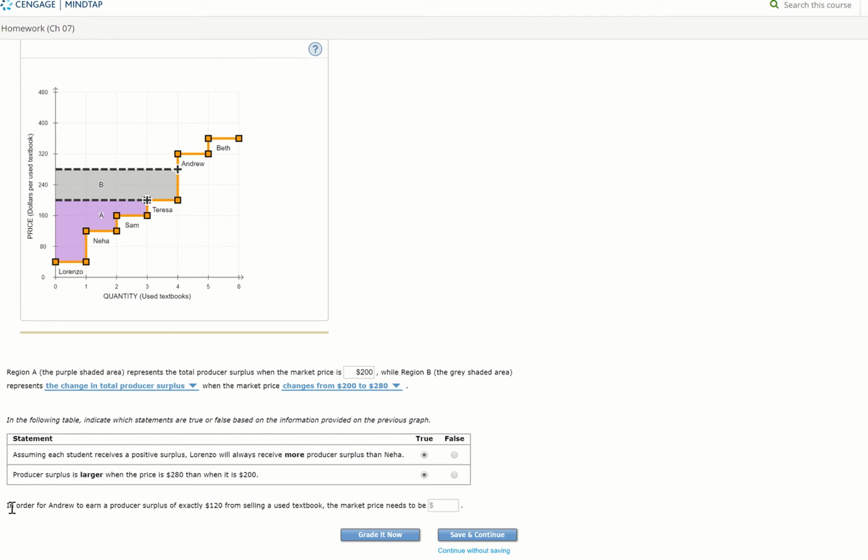All right, next, in order for Andrew to earn producer surplus of exactly 120 from selling a used book, the market price needs to be how much? Andrew is over here, and it looks like his cost is 320. We're looking for a profit of 120.